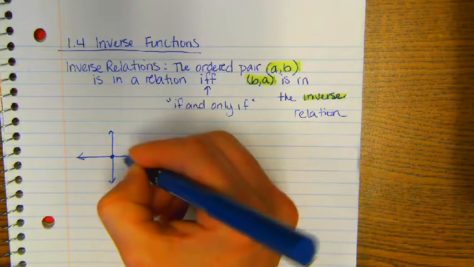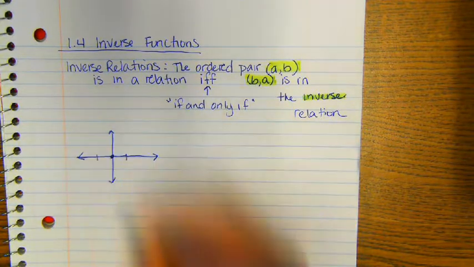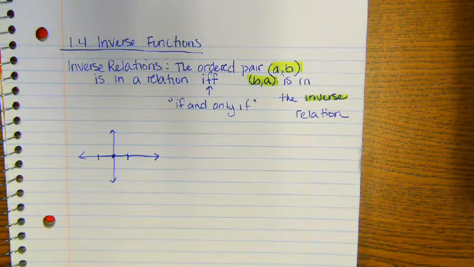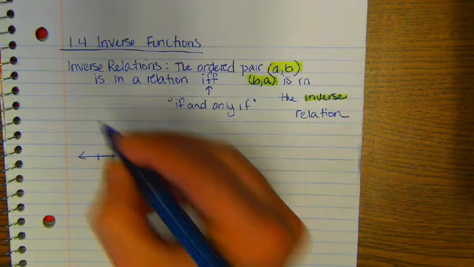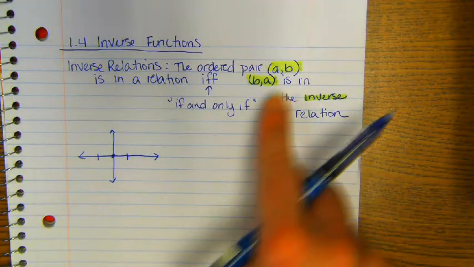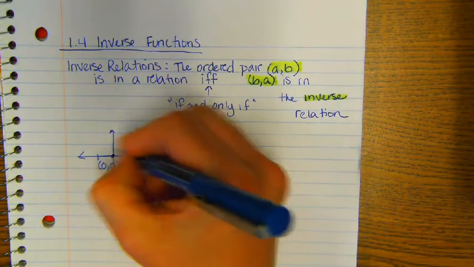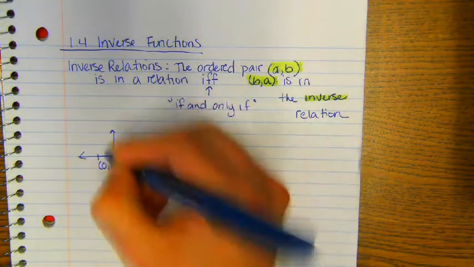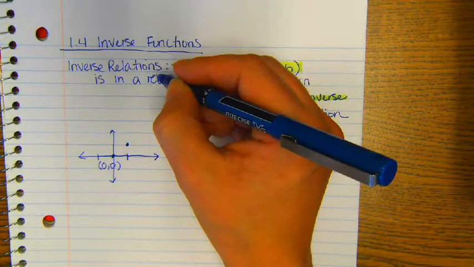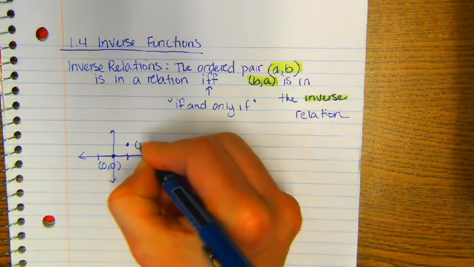A parabola, just for some points on our graph, because this is important since we need to flip them around, goes through 0, 0, 1, 1. I know it goes through 2, 4, and negative 1, 1.